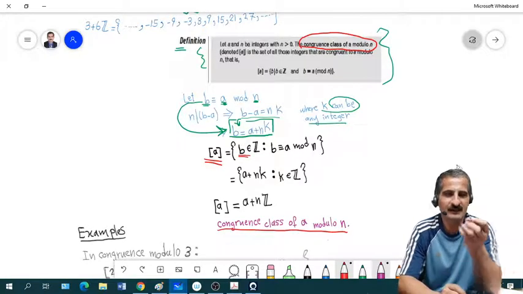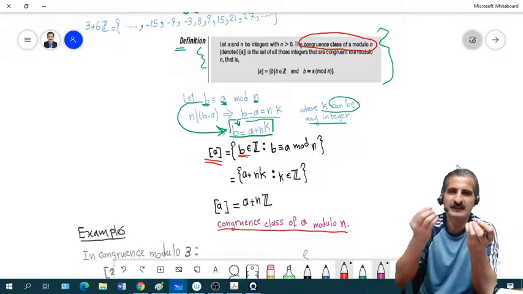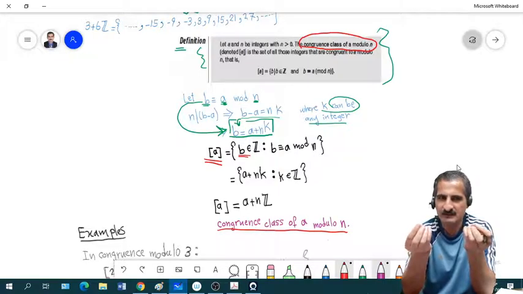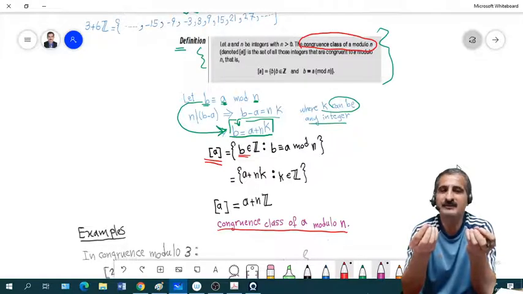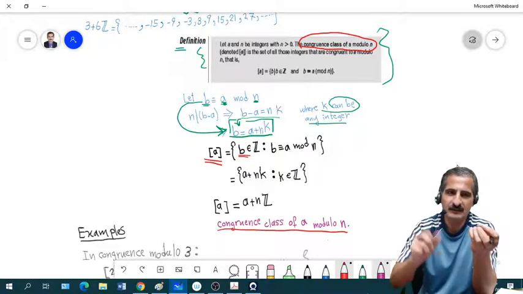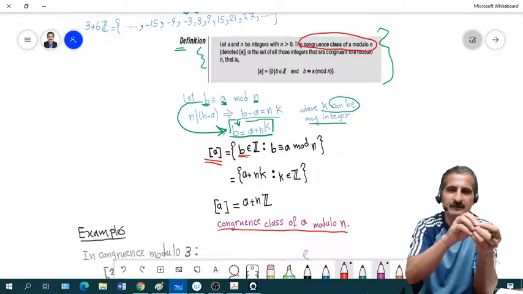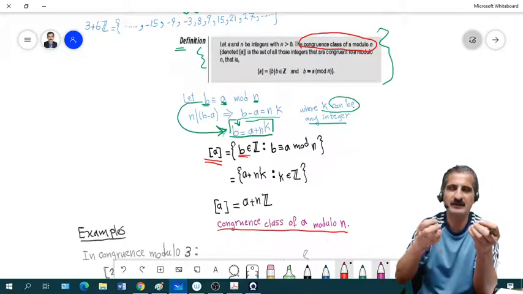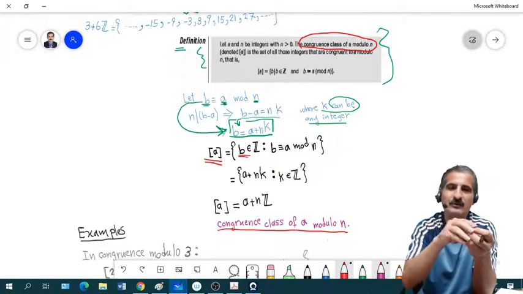Again, we are fixing N and taking an A and fixing it. Now I am asking, bring to me all the integers that are congruent to A modulo N. Collect all the integers that are congruent to A modulo N.